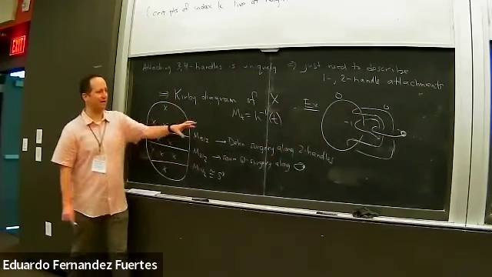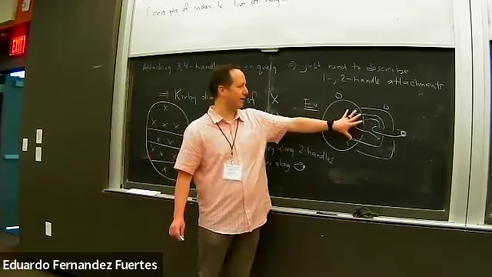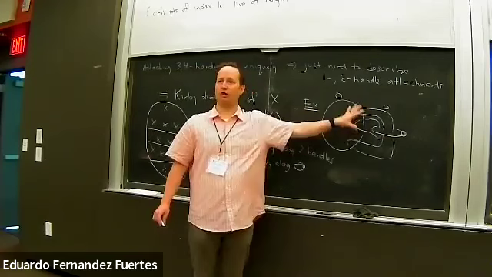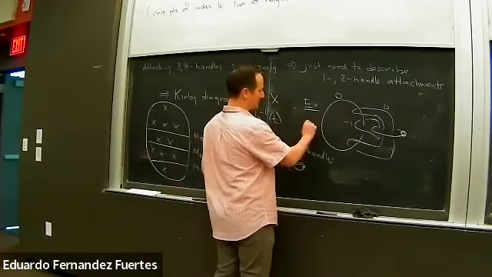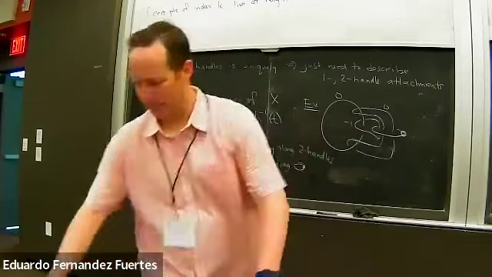So I can think of, at least in a region that's away from all of these attaching things, for example, I could specify, maybe I should use a different color.